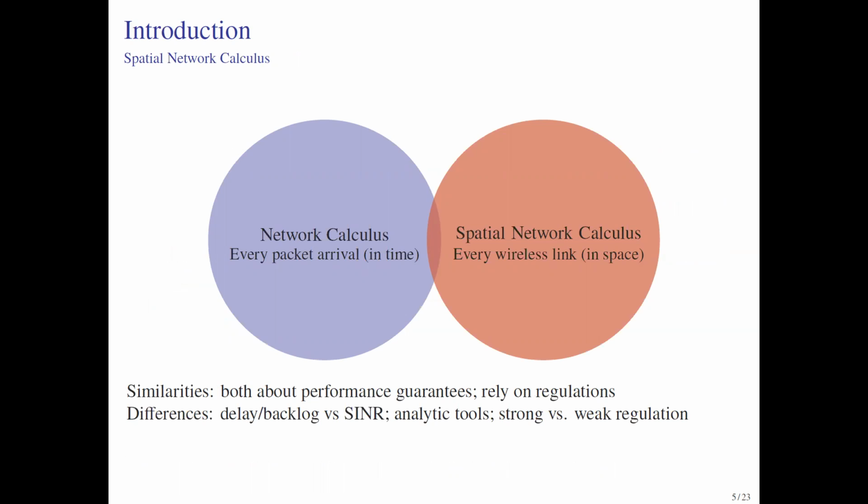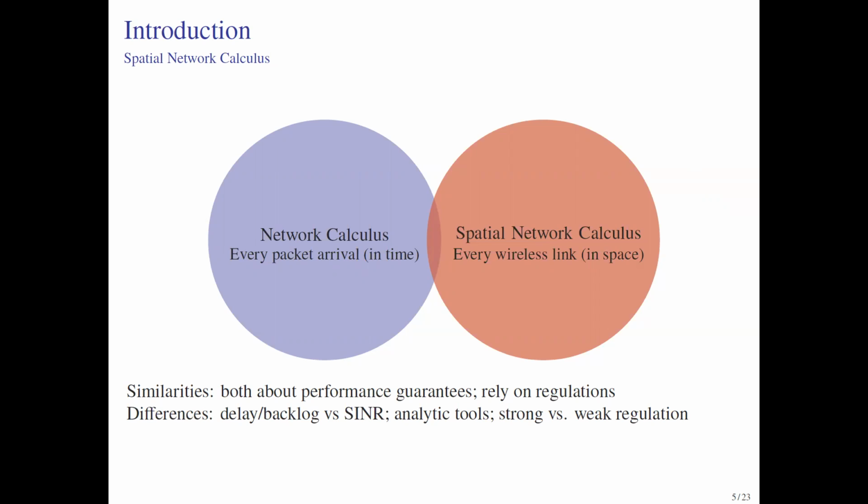Network calculus was developed for deterministic bounds in queuing systems, and it is about the delay or system backlog at all times of the system. And in contrast, the spatial network calculus targets every wireless link in space.